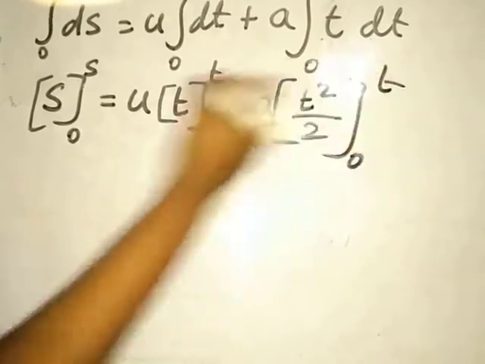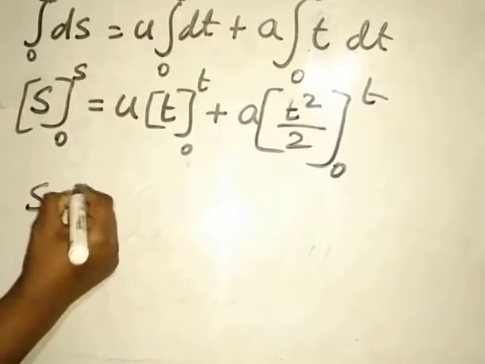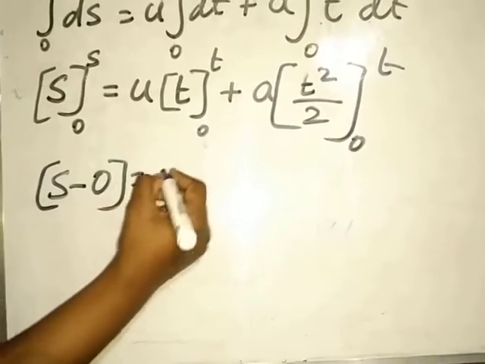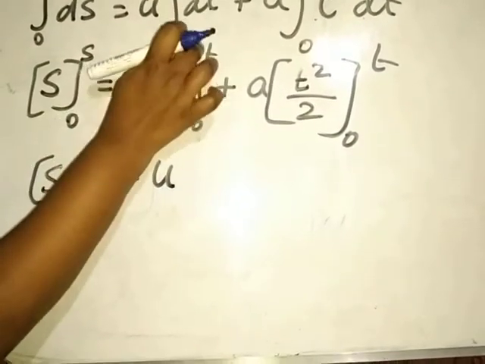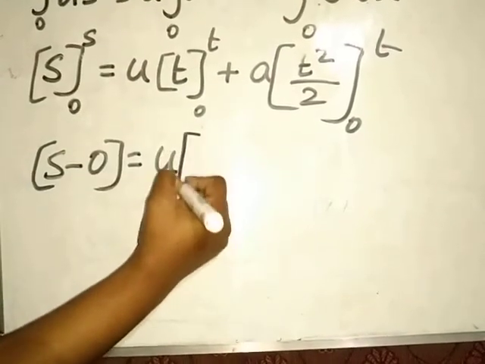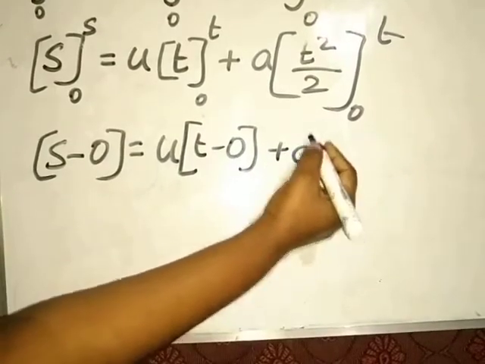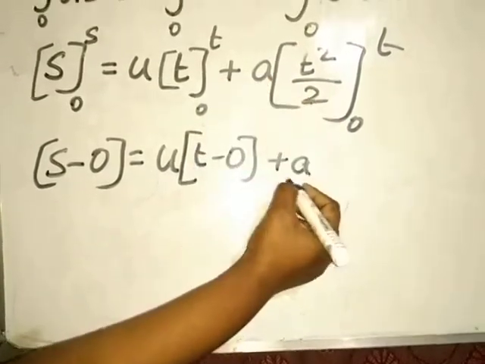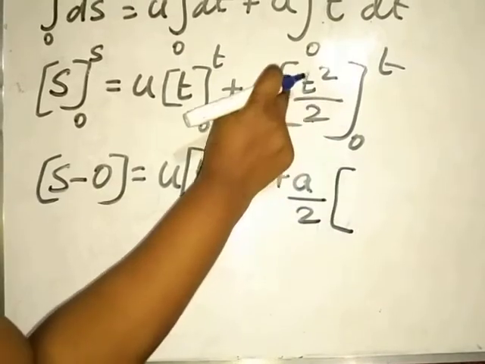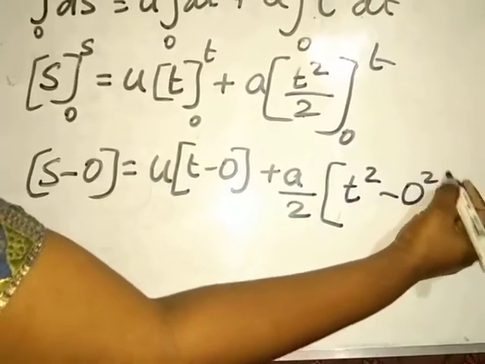Now apply the limits 0 to t. So s minus 0 equals u into upper limit t minus lower limit 0, so t minus 0, plus a into, take this 2 outside, a by 2 into t squared minus 0 squared.